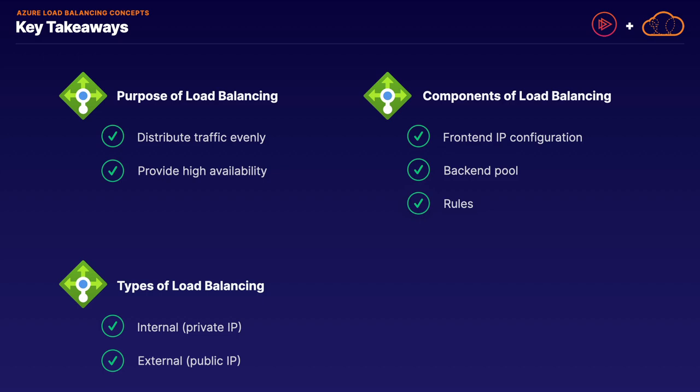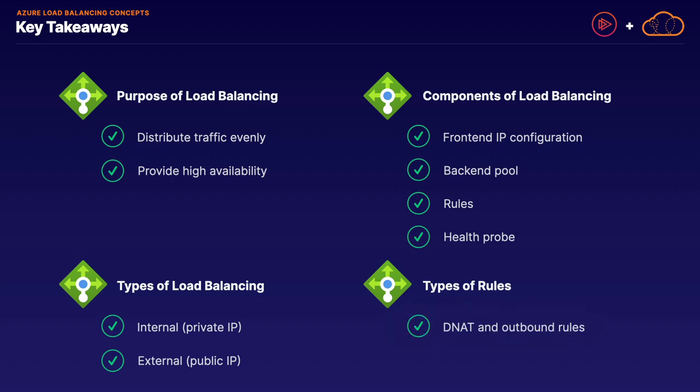And then we're also checking these resources using a health probe to determine whether or not they're healthy and able to service our traffic. And for our load balancers, we have various rule types, those DNAT and outbound rules that control how traffic is coming inbound and outbound. But also, we have those load balancing rules that determine how we balance traffic between those resources in a backend pool.